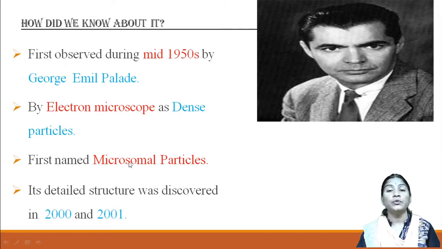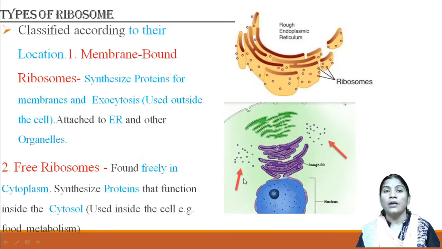Micro means minute and soma means body. After that, in 2000 to 2001, a detailed study of ribosomes was carried out, and the different structural components of the ribosomes were found. On the basis of where these ribosomes are located, there are mainly two types.